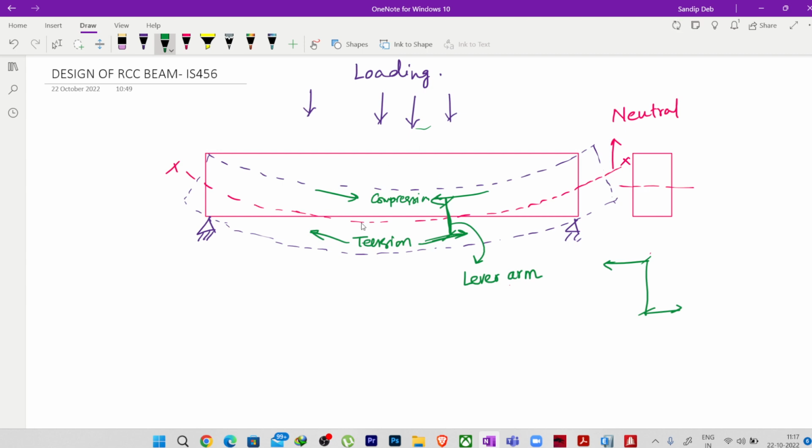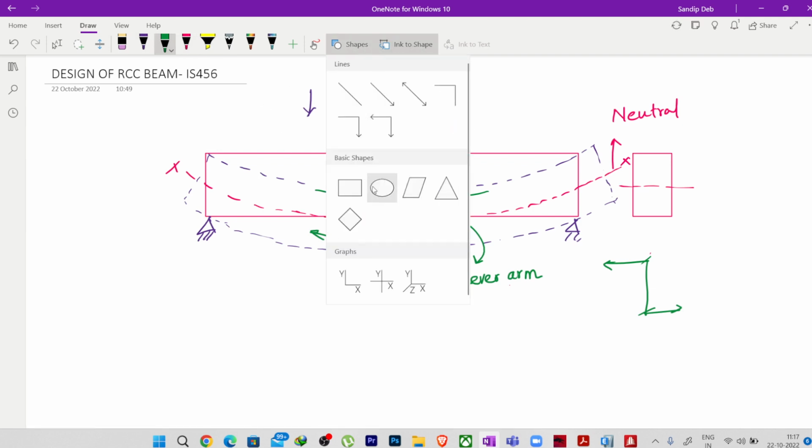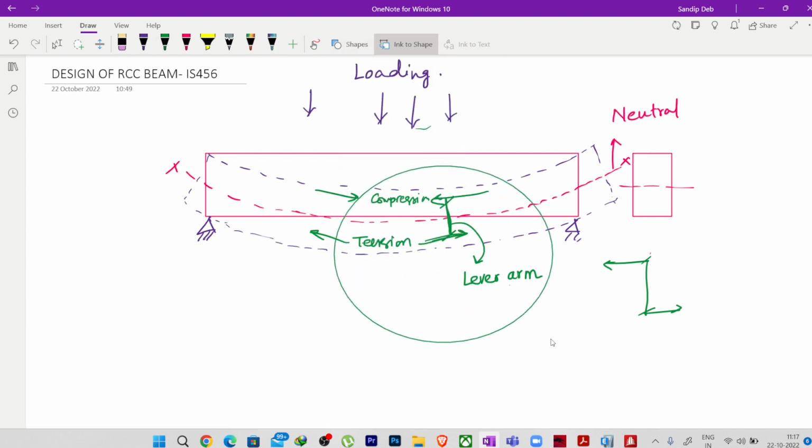This phenomenon, this tension compression couple separated by this lever arm at a distance, will create resistance against the moment which is developing here due to this bending. So this moment is the analysis moment.